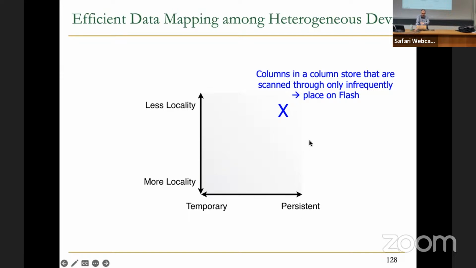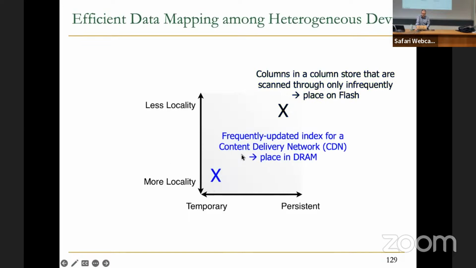So in this two-dimensional characterization, you can classify it as this node. At the same time, there can be an application like a frequently updated index for a content delivery network, a CDN. That has more locality and is also temporary, so you need to place it here. That's the way you can manage your persistent memory.